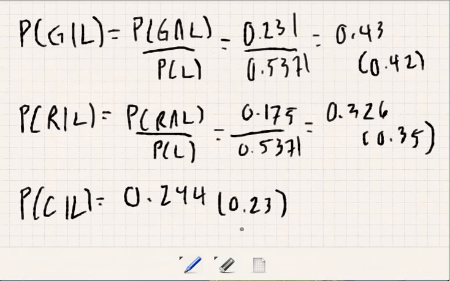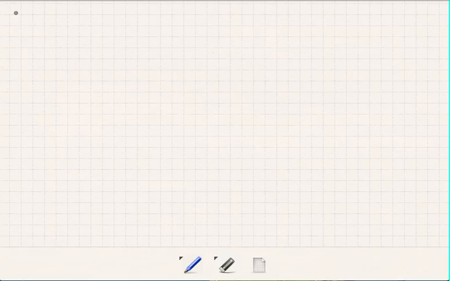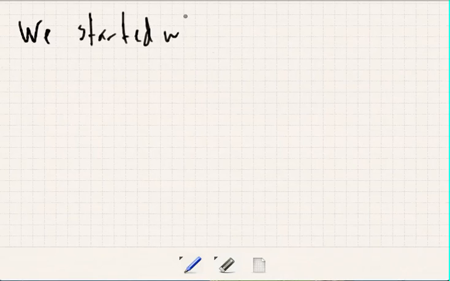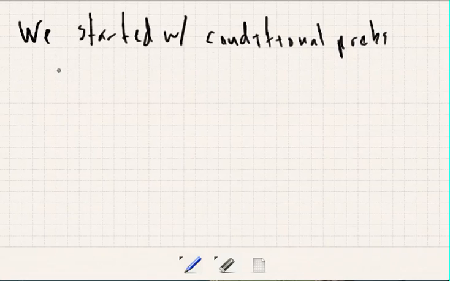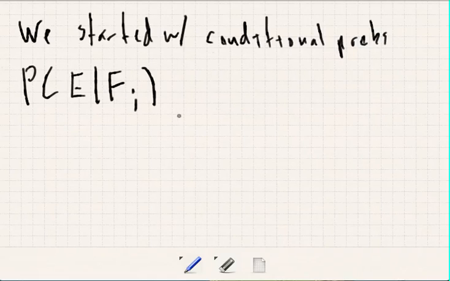So that's the deal. But what did we really do here? We started with conditional probabilities, the probability of some event given some other events, Fi.